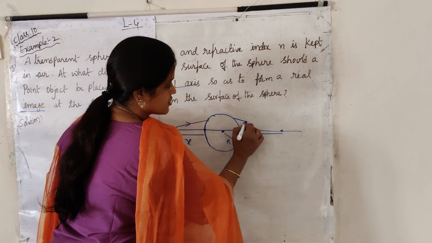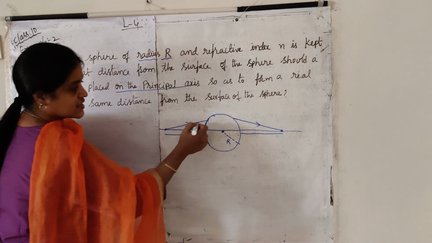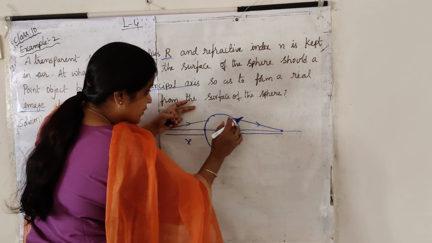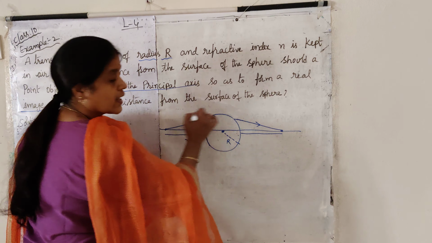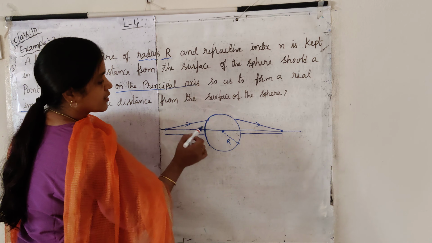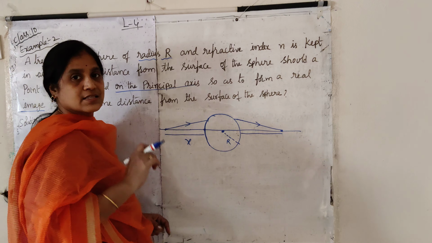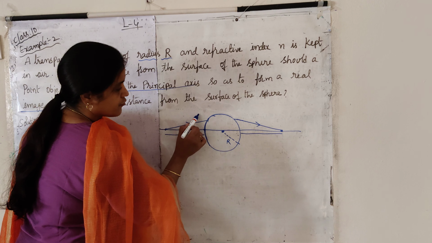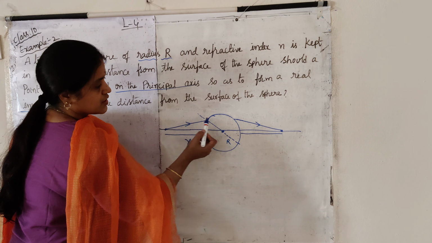So for this also we'll draw the same figure like this. Now in the air medium we have the light diagrams like this, but in the sphere, how does the light travel? That we must know. To find that out, I will explain through a normal drawn from the center, from air to the denser medium.